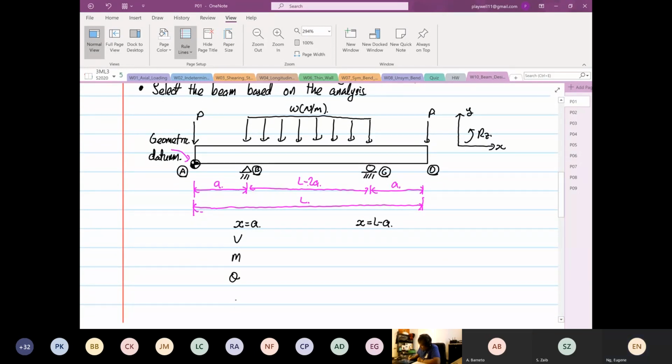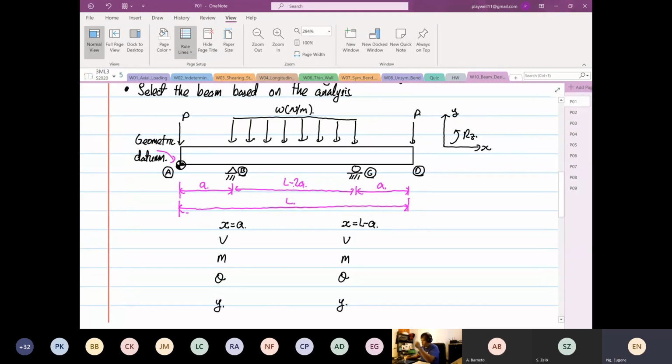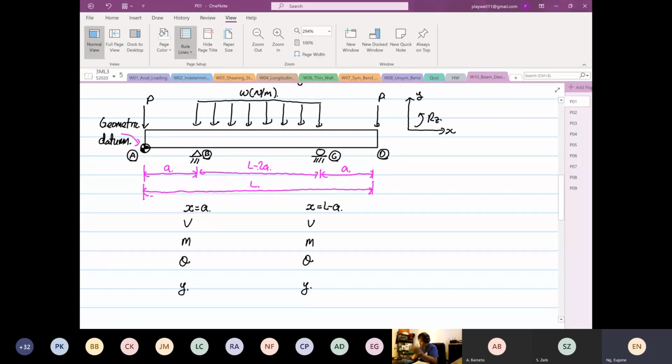Likewise, for this case, you also have V, M, theta, y. So I want you all to remember the symbols in this sequence: V, M, theta, y. I'm not going to tell you why until I teach the next topic. Then you'll see why we're relating this. So the V is our shear force, our M is bending moment, and our theta over here is the slope or angle of deflection.